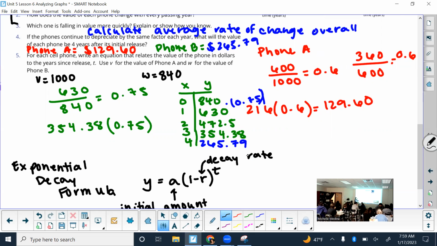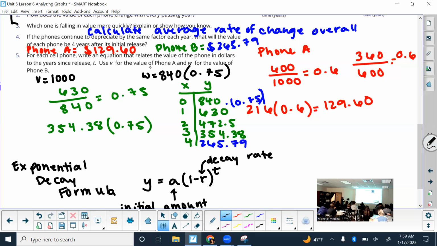So when you already know what you're multiplying by each time, just keep it like that. So for phone B, 840 was times by 0.75. You wouldn't do 1 minus the 0.75 because it's already subtracted. So this parentheses is already worked out. Does that make sense? All right, maybe not, but you'll see the pattern hopefully throughout the unit.